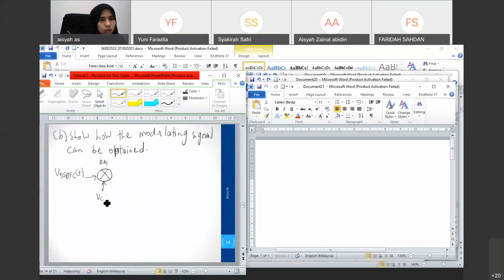So VCT goes to the local oscillator. Use the concept of DSBSC, based on the mathematical analysis in the DSBFC.